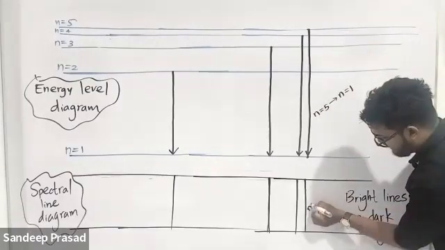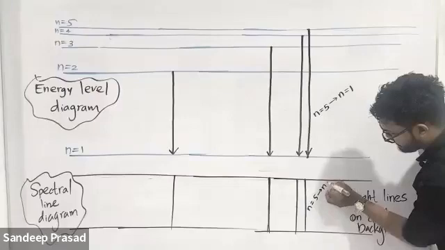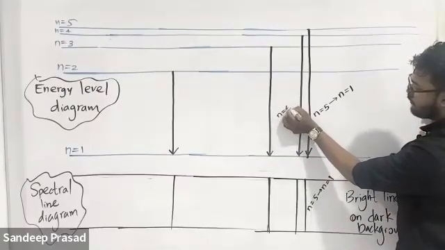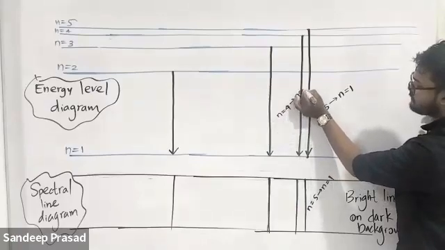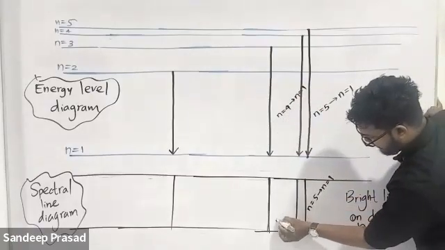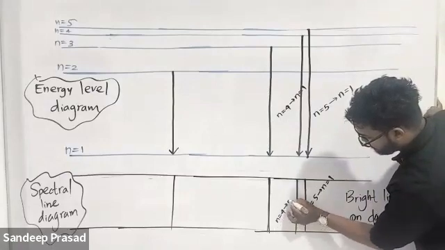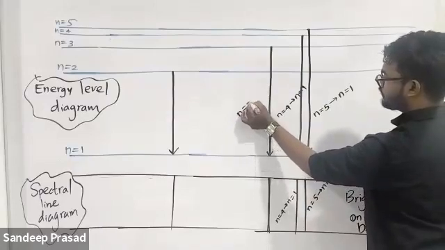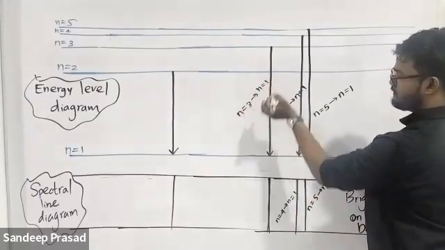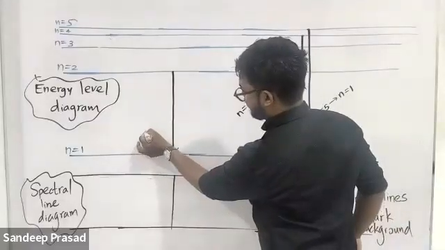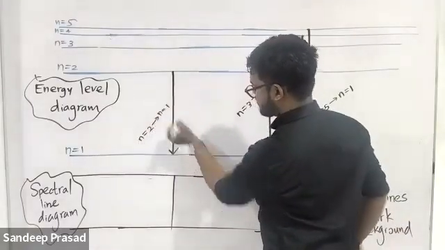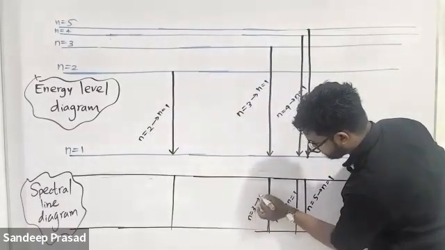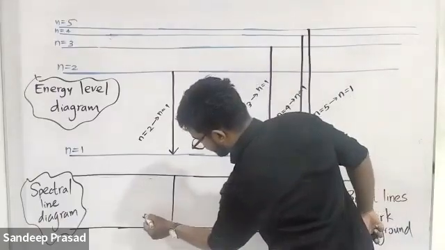Second one is n equal 4 to n equal 1. What about this one? This is n equal 3 to n equal 1. This is n equal 2 to n equal 1. Very easy.